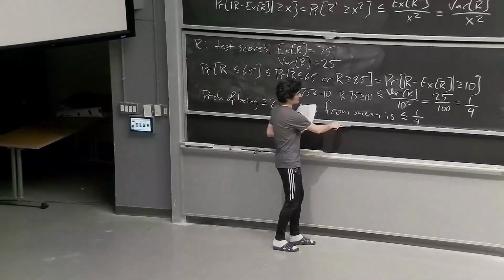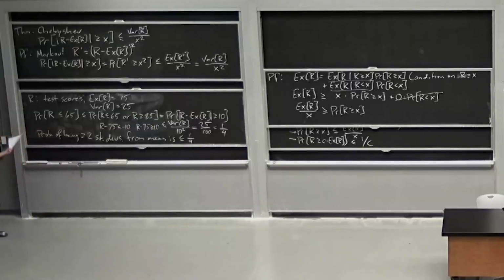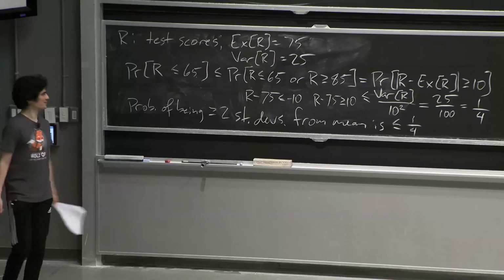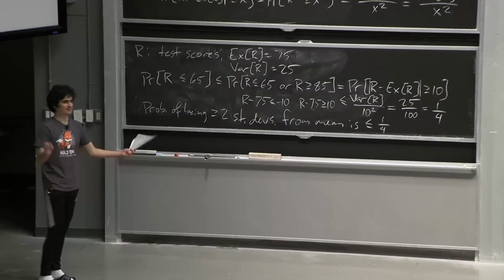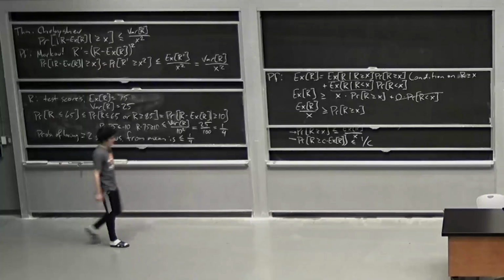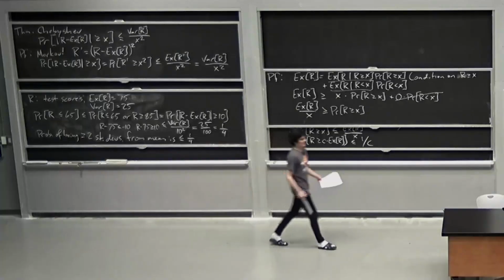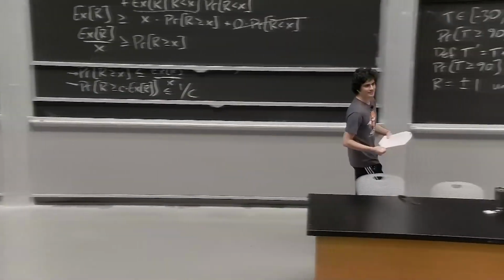If you're looking at a normal distribution, you actually have a much better bound than 1/4. It's something like a few percent. So why is that? Any ideas?